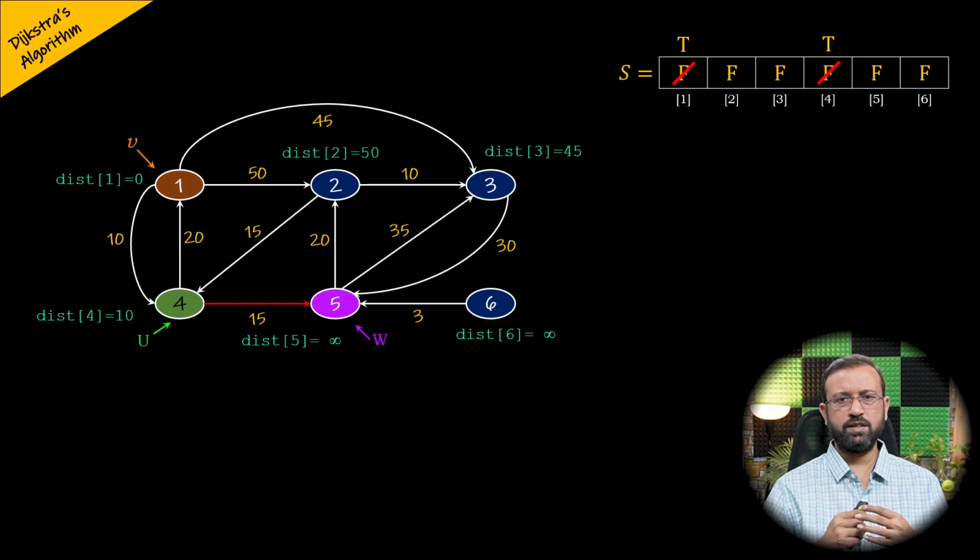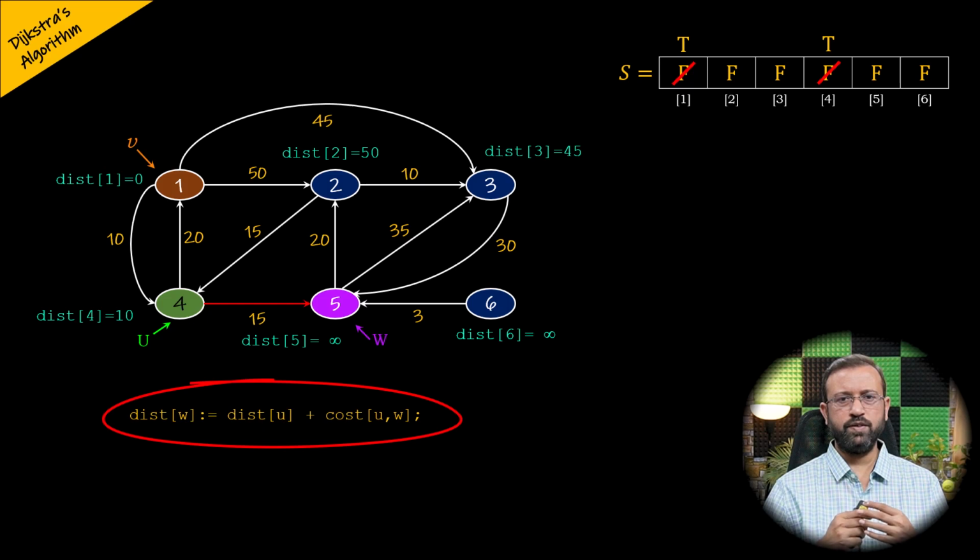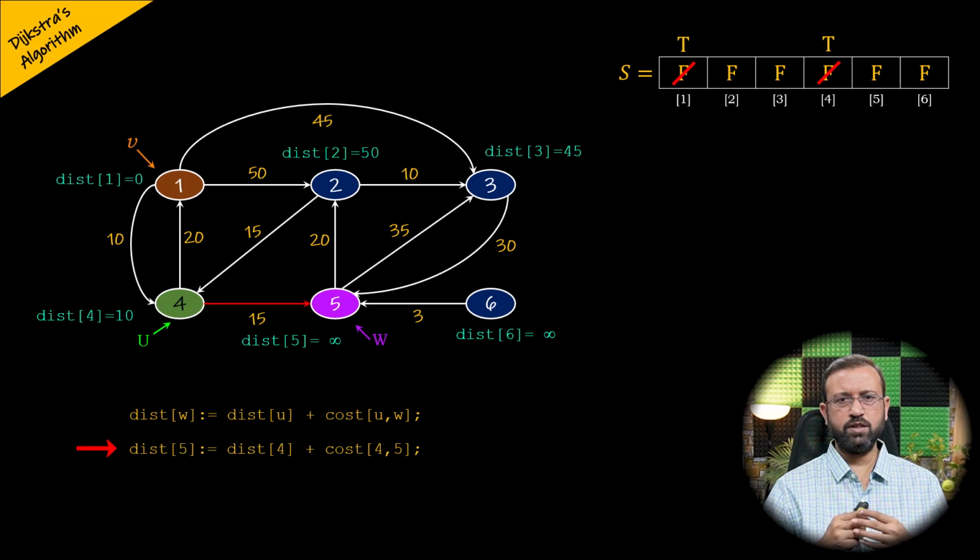The node relaxation is done by computing the distance of vertex W, which is the distance of vertex U plus the cost of the edge from vertex U to vertex W. So, the distance of vertex 5 is the distance of vertex 4 plus the cost of the edge between vertex 4 and vertex 5. The distance of vertex 4 is 10 plus the cost of the edge between vertex 4 and vertex 5 is 15.